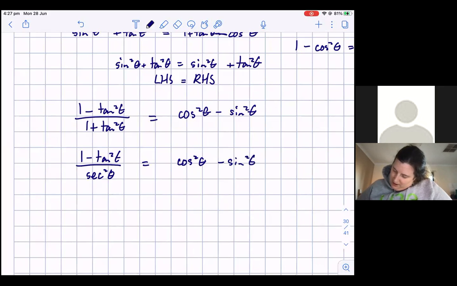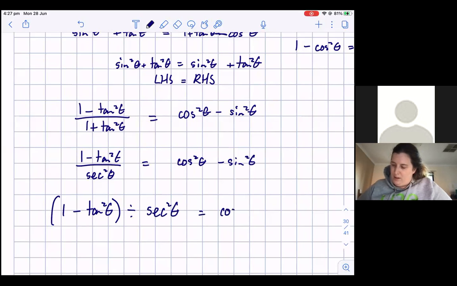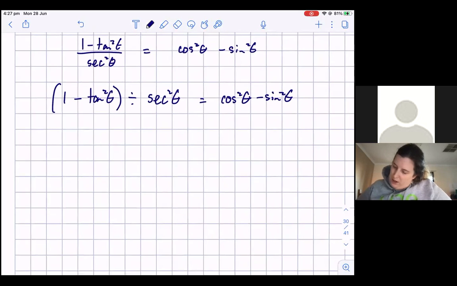Now this is the same as 1 take tan squared theta divided by sec squared theta. It's good practice to just keep writing that out in case you need to change both sides.